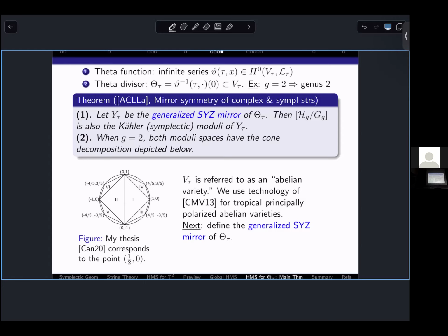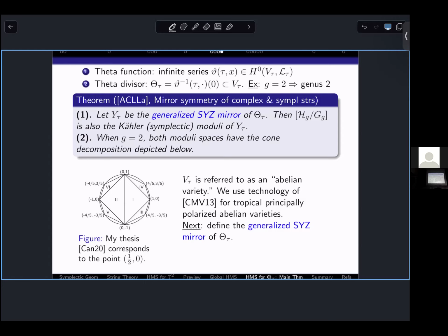So okay, we should think of this as a slice of a cone. This is kind of coming out of the board and going into the board. This is a slice at height 1. And on the one hand, you can describe principally polarized abelian varieties with these tau that I described earlier, you can write down wall crossing as you vary the tau.